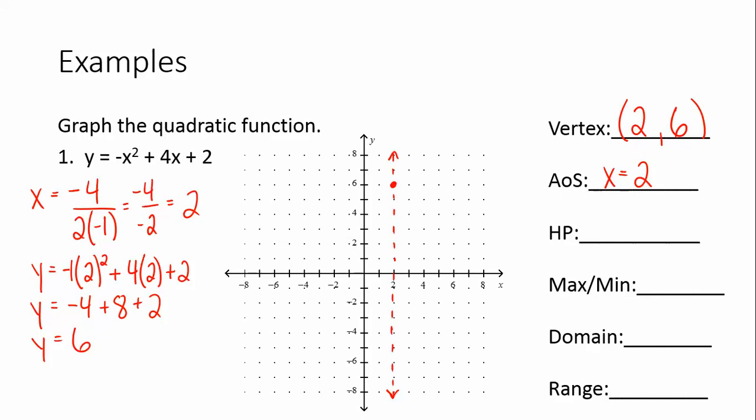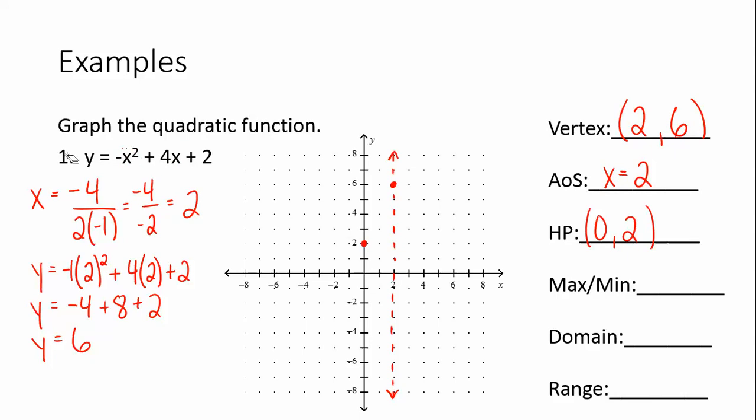The easiest point to pick is when x is 0. Because when x is 0, this term goes away, this term goes away, and we get that y is 2. So now we can plot our helper point 0, 2.